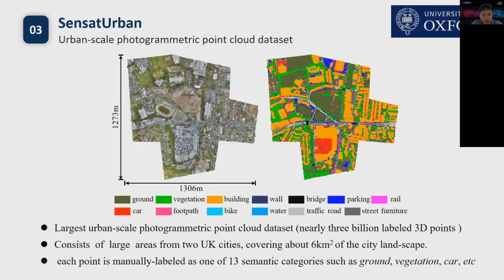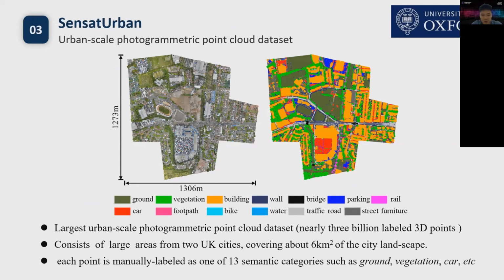So finally, I will also give a brief introduction to our latest paper, that is the SensatUrban dataset. And this is an urban-scale photogrammetric point cloud dataset. It consists of two UK cities and covers about six square kilometers of the city landscape.